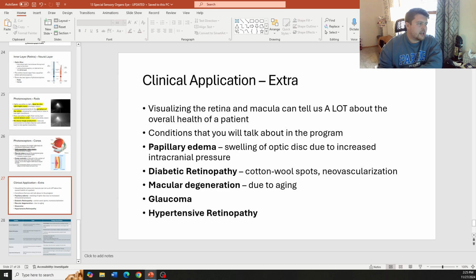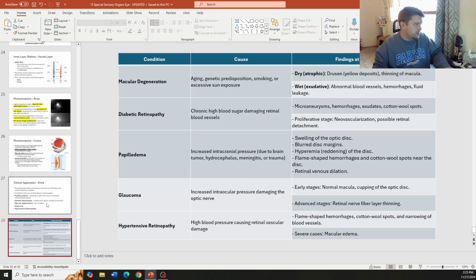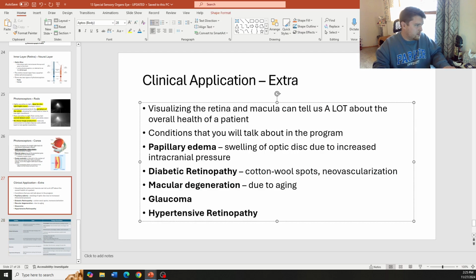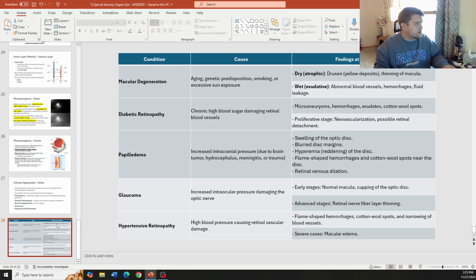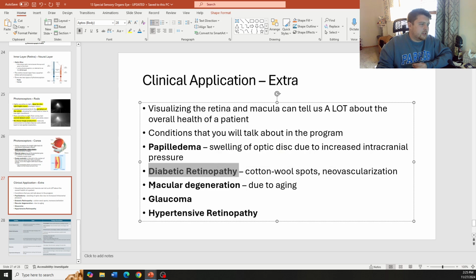Terms like papilledema, which is swelling of the optic disc, diabetic retinopathy, macular degeneration, glaucoma, hypertensive retinopathy.